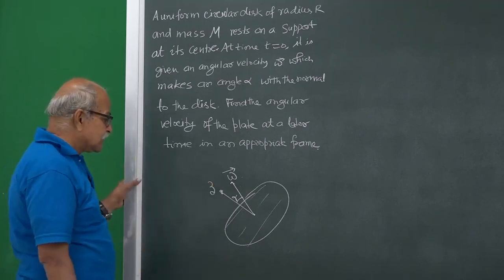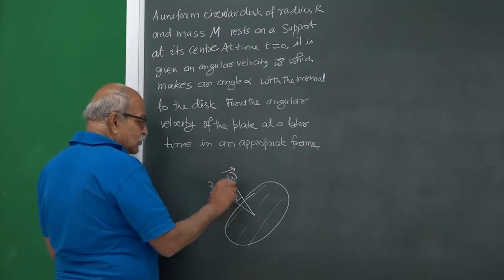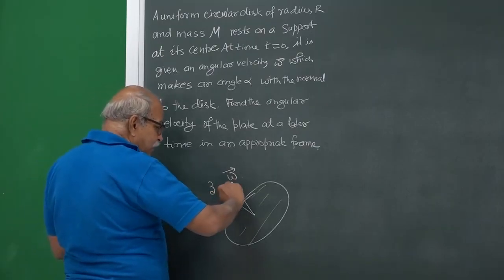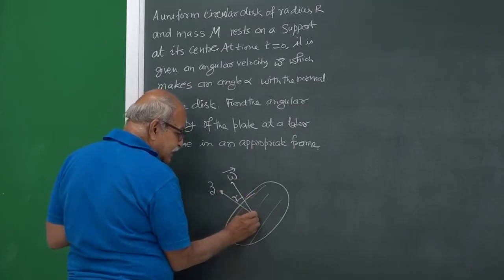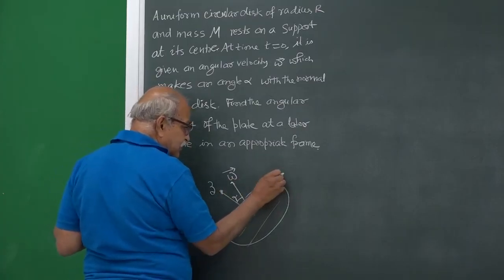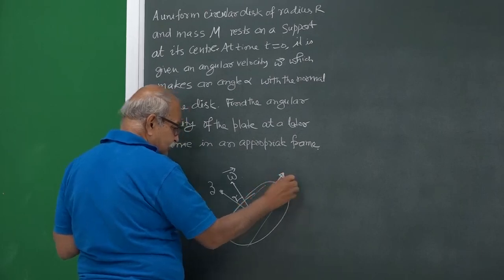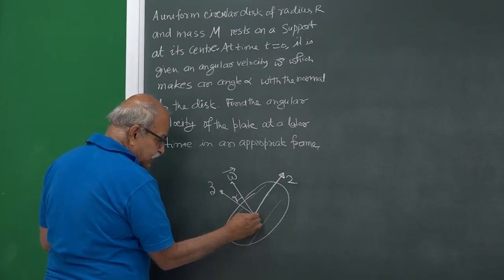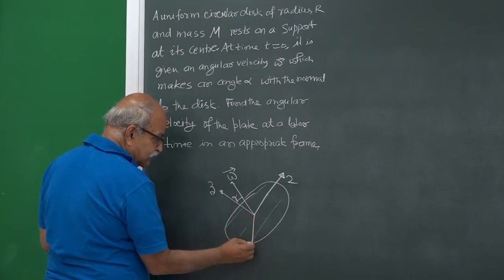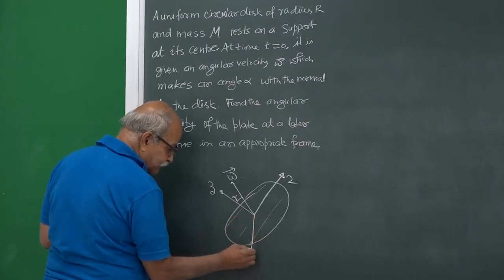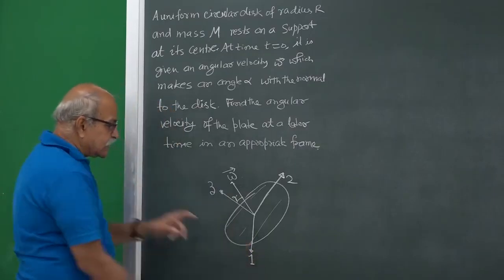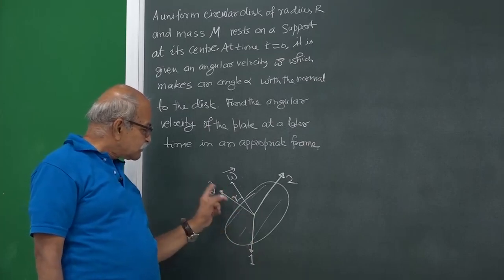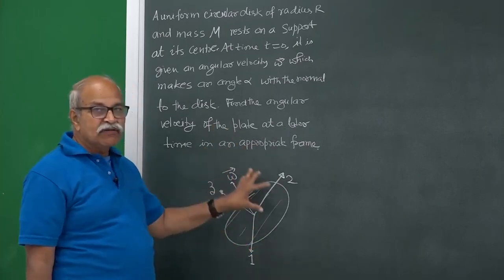So, this is 3, and at t equal to 0 you know what is omega and what is this 3, and in that same plane you draw the radius, and that we will take as our 2 axis, and perpendicular to this 2 axis we take another radius, and that will be our 1 axis. So, this is the radius, this is the radius. They are principal axes, and this normal is also a principal axis. So, this is our principal axis system.